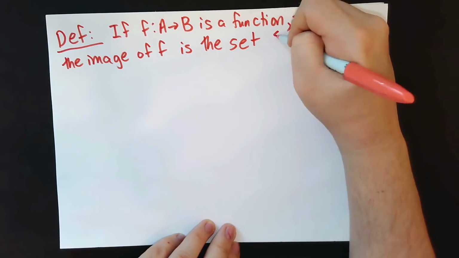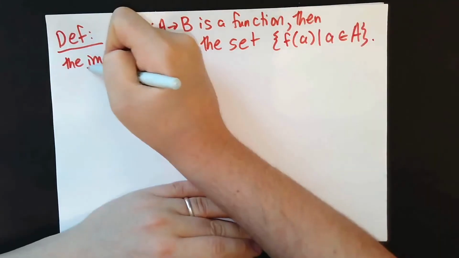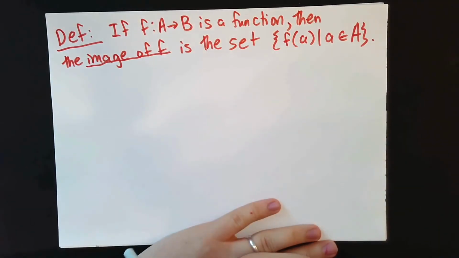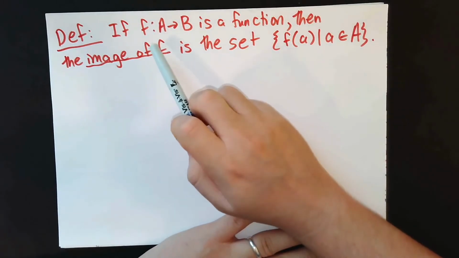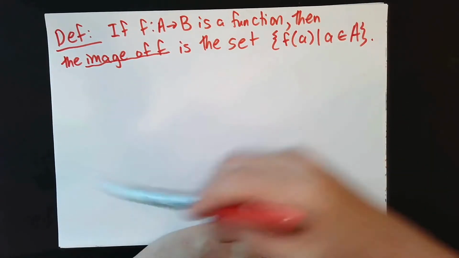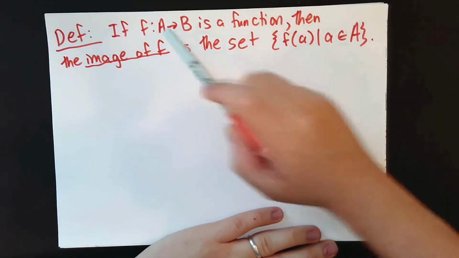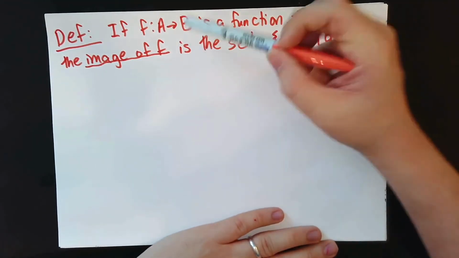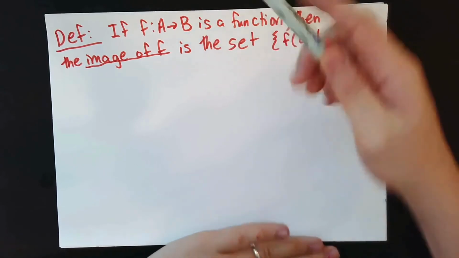The way you should read this definition is that the image of f is all the outputs of f that are actually used. That is, if I plugged in every possible element of A to f, what are all the things in B that I would get out?